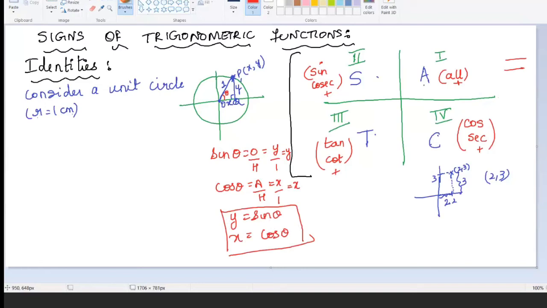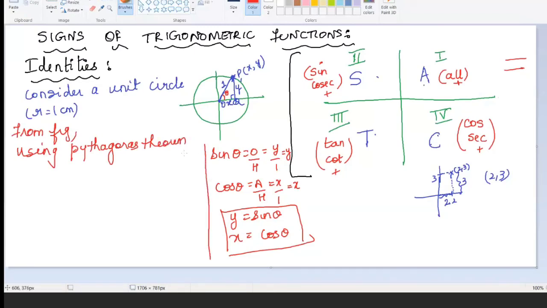Now from the figure, that means the circle, using the Pythagoras theorem, we get, so tell me, what is the Pythagoras theorem for the triangle OPQ?